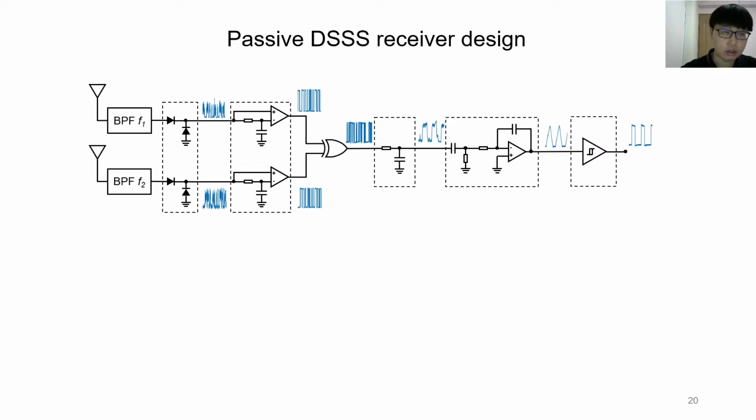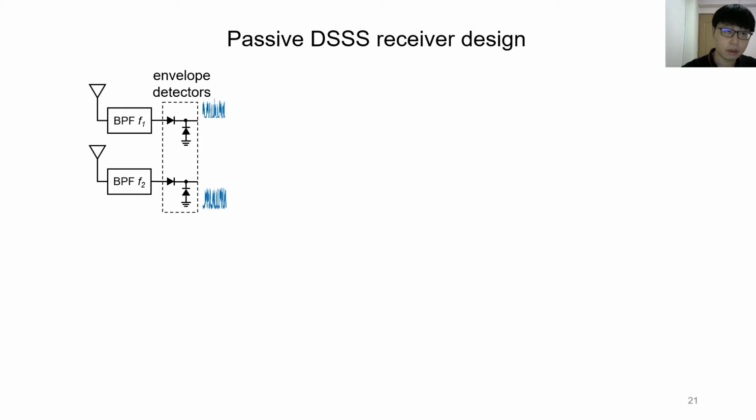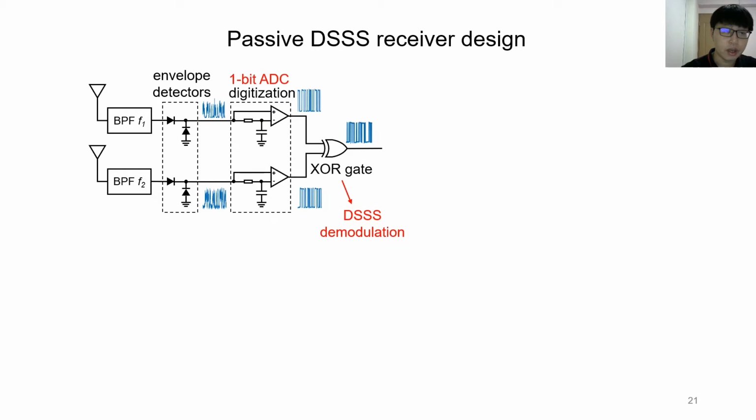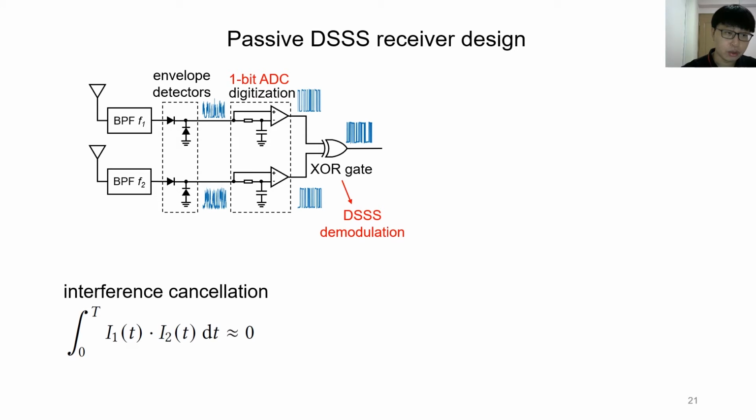This is our receiver design of passive DSSS. We use an envelope detector to remove the carrier. And then we have the 1-bit ADC to digitize the signal. The XOR gate will combine the two channels together to achieve the digital-based demodulation. Then we try to cancel the interference.